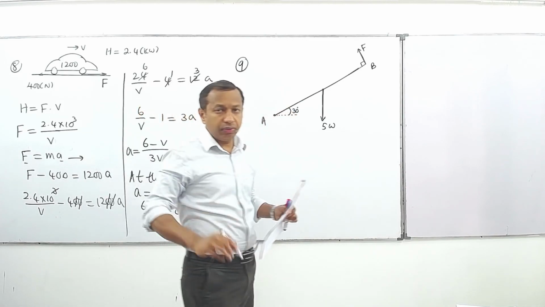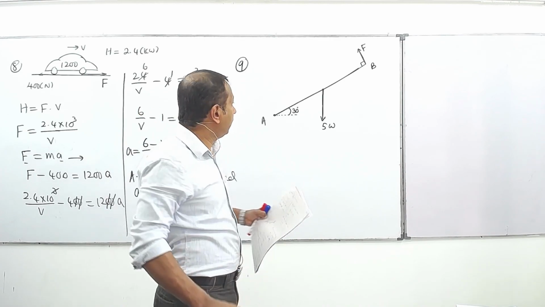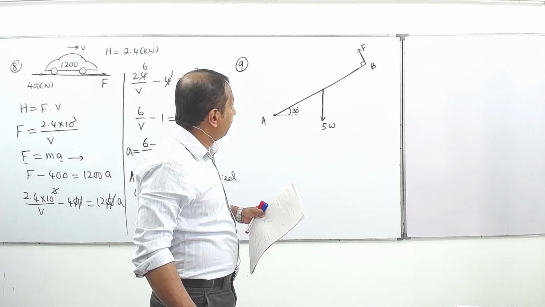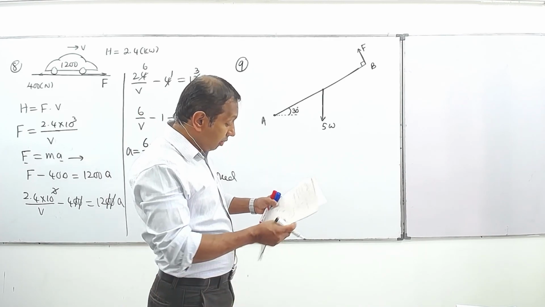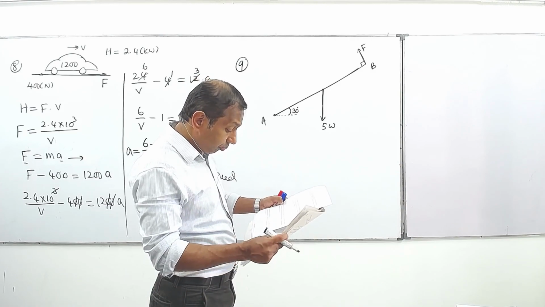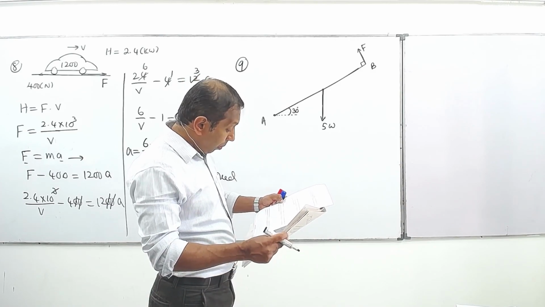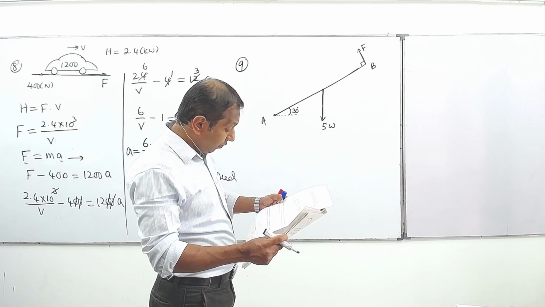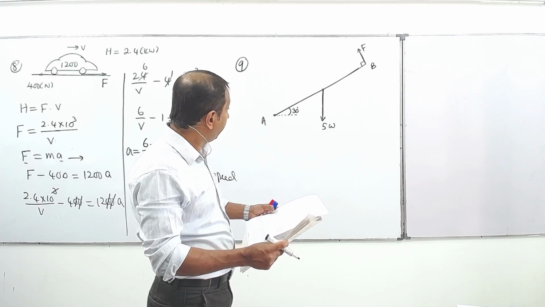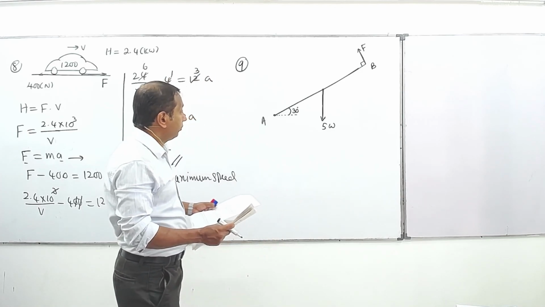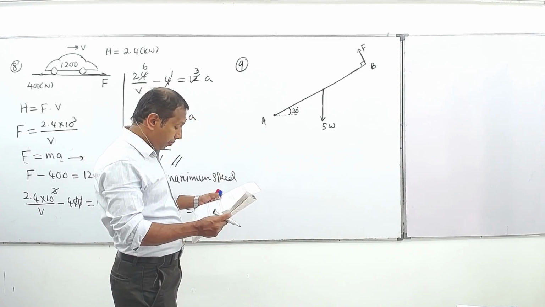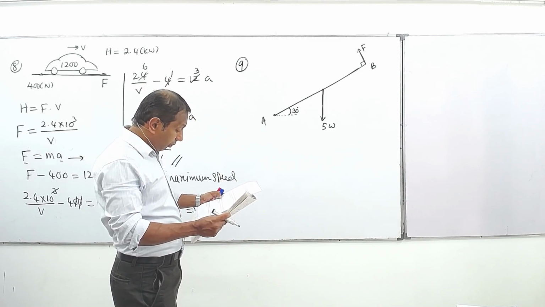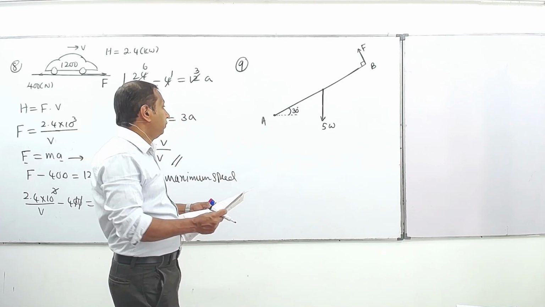That single reaction we can mark. They are asking the magnitude and direction of the reaction at the hinge A. Right. Magnitude we can first find.